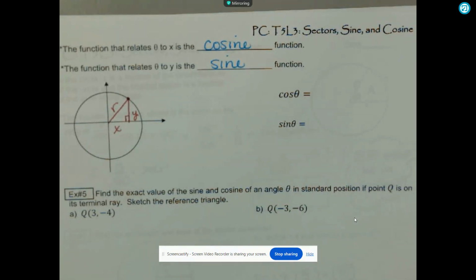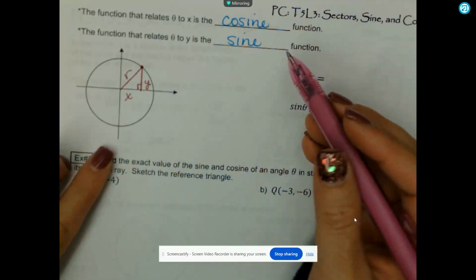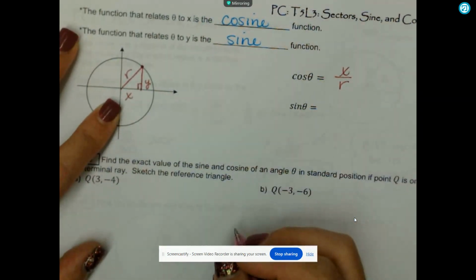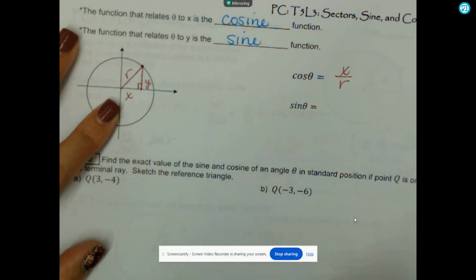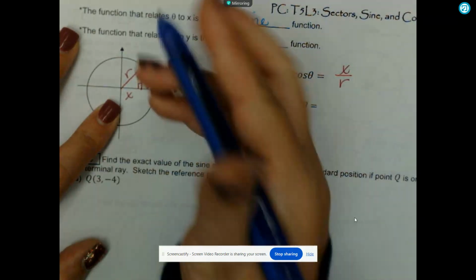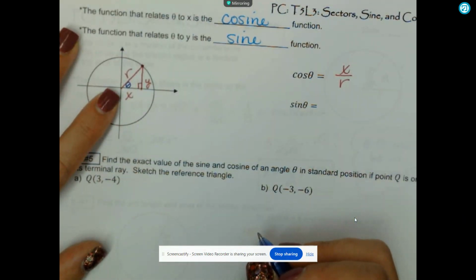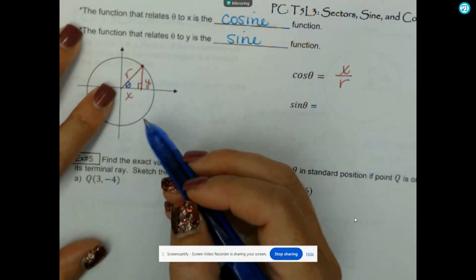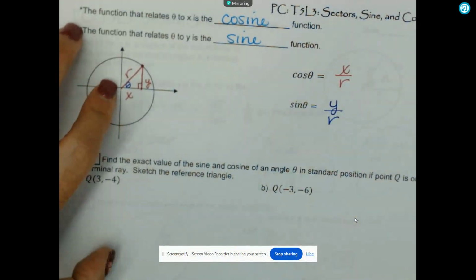If we're doing cosine, it's going to be X over R. Do y'all remember SOHCAHTOA? If this is your theta, cosine is adjacent over hypotenuse. So adjacent here would be X over R, our hypotenuse, technically. And then sine would be Y over R.